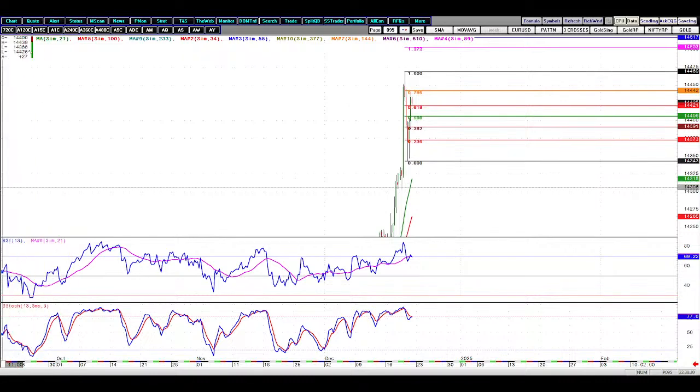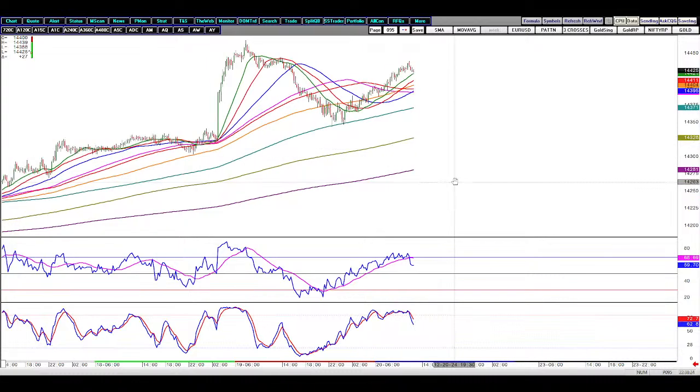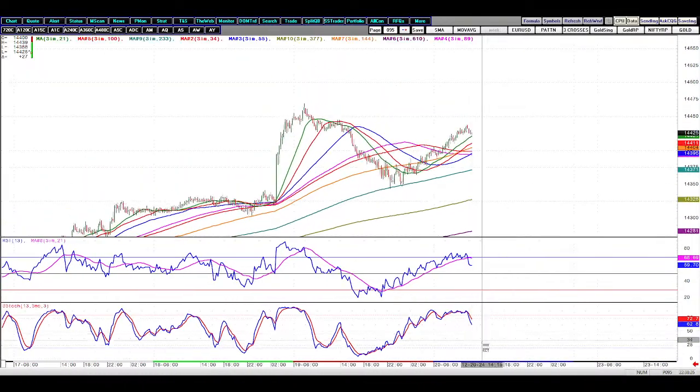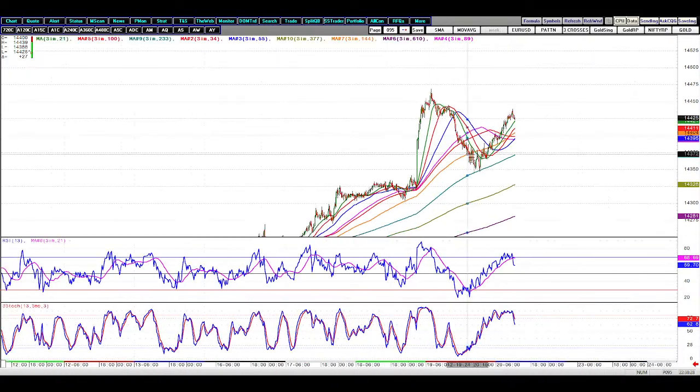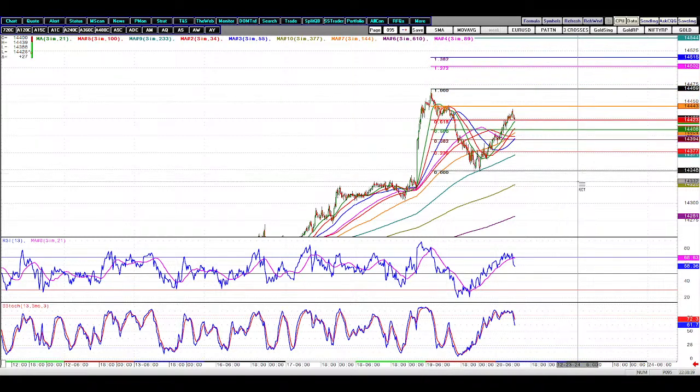Let me zoom in to see whether I have any clue. Okay, this pattern here, this is where it's a bit tricky.